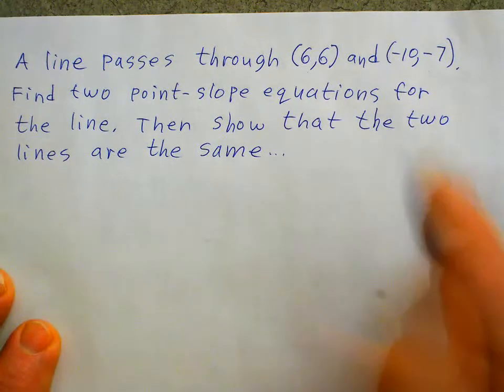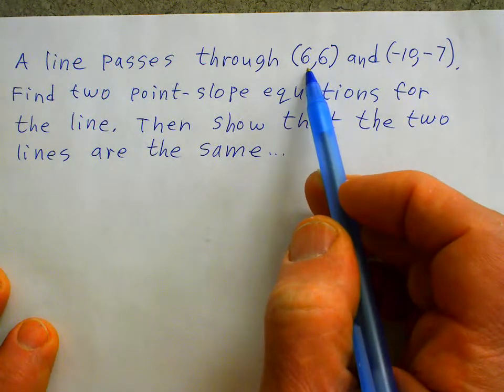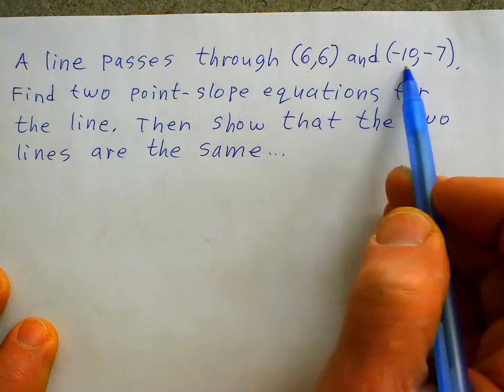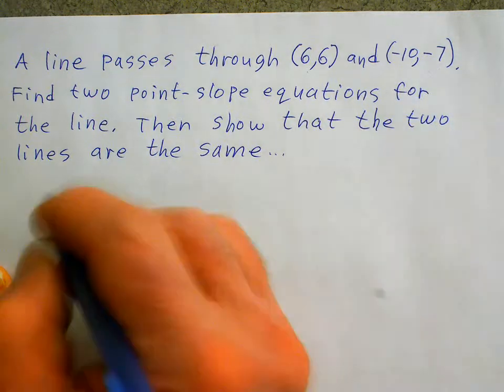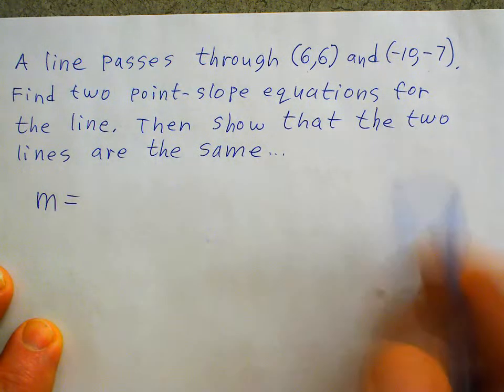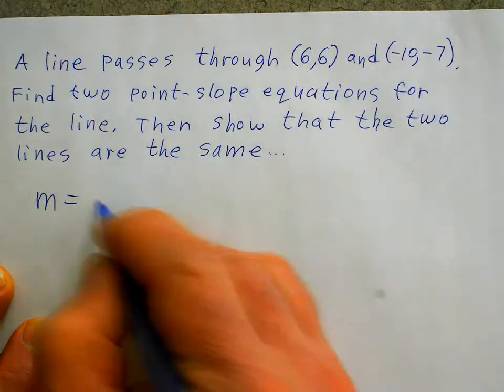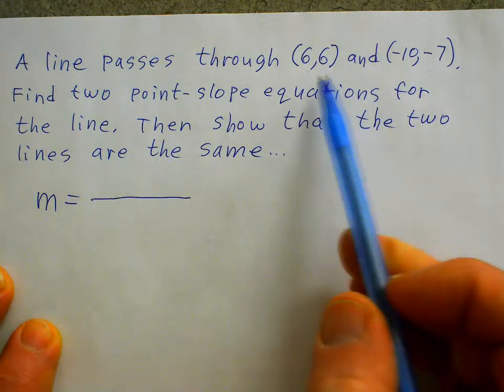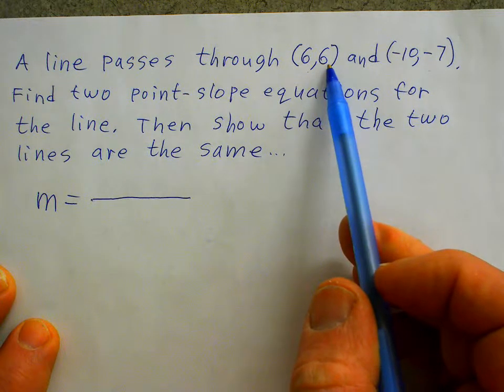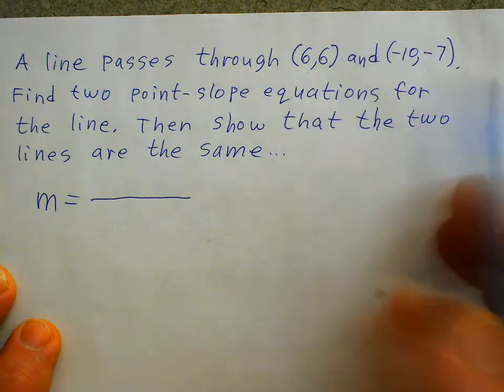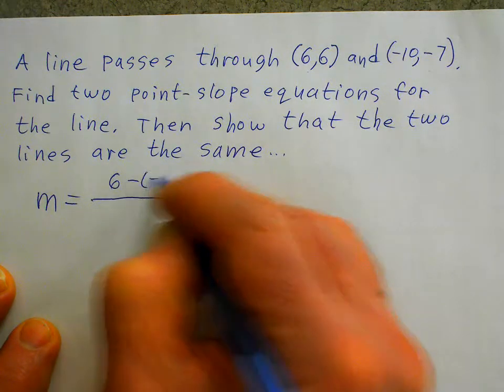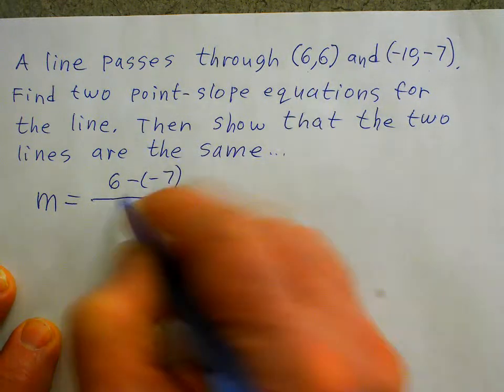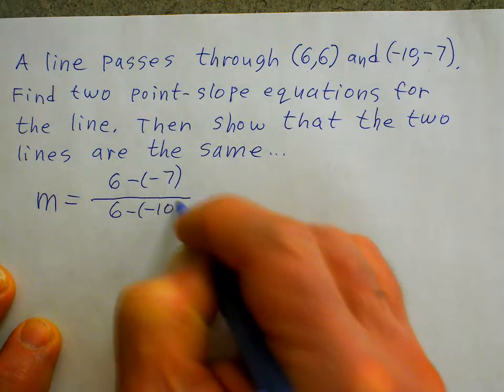Okay, so if a line passes through the points 6, 6 and -10, -7, first we find the slope of the line. So in the numerator, we can write 6 minus -7. And in the denominator, 6 minus -10.